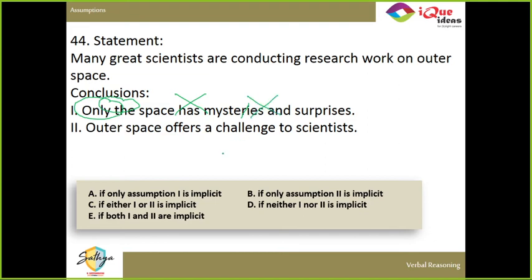See, when something offers a challenge, then obviously you will research about it. If outer space is not a challenge, that means we already know about it, then why should we be researching it? When something is a challenge, then we take it up and research it. If it is not a challenge, then there is no point in conducting new research on it.